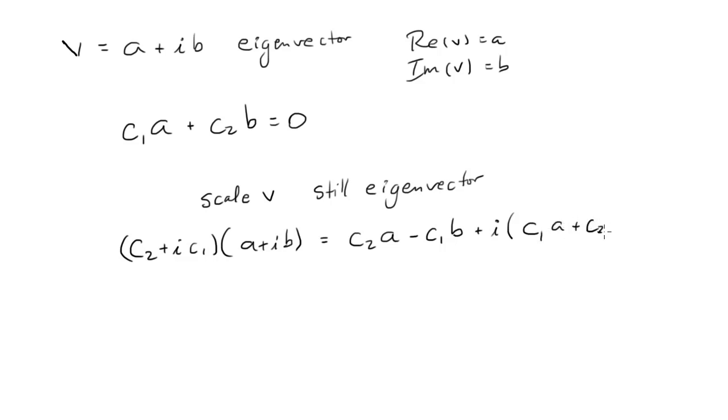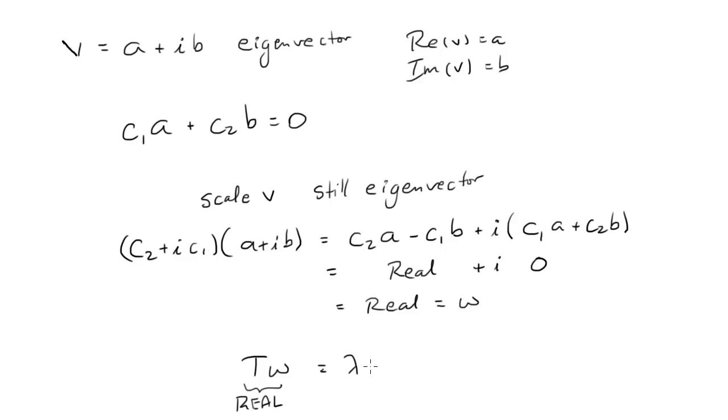Expand the multiplication. The imaginary part is 0, so this is a real vector. But if I feed a real vector into a matrix with real values, I get a real vector. Take a real vector and scale it to get a real vector, the scalar's got to be real.